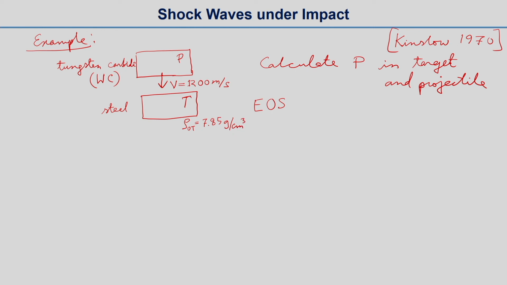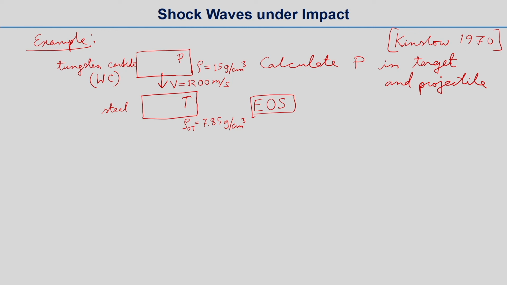Let us assume this is a little bit different than the earlier one, because that was SS 304, with 7.9 and this is 7.85, and here tungsten carbide is a very heavy material, it has very high density, that is 15 gram per centimeter cube.